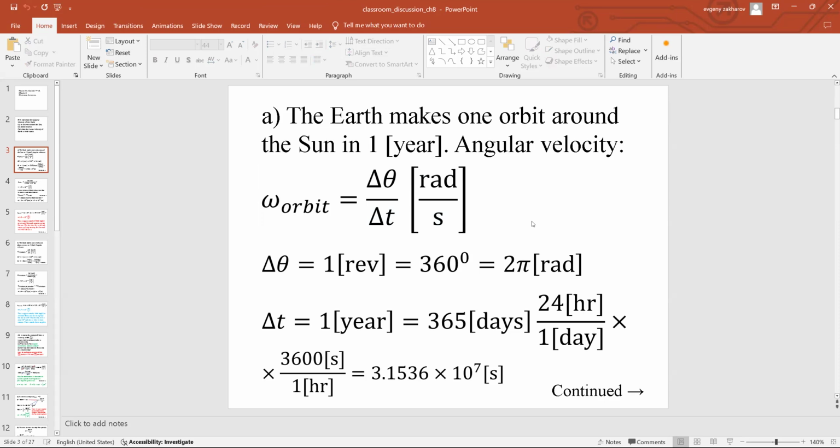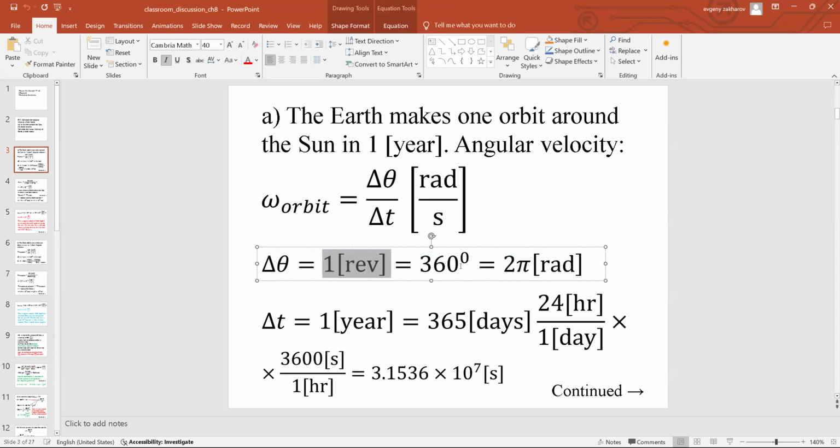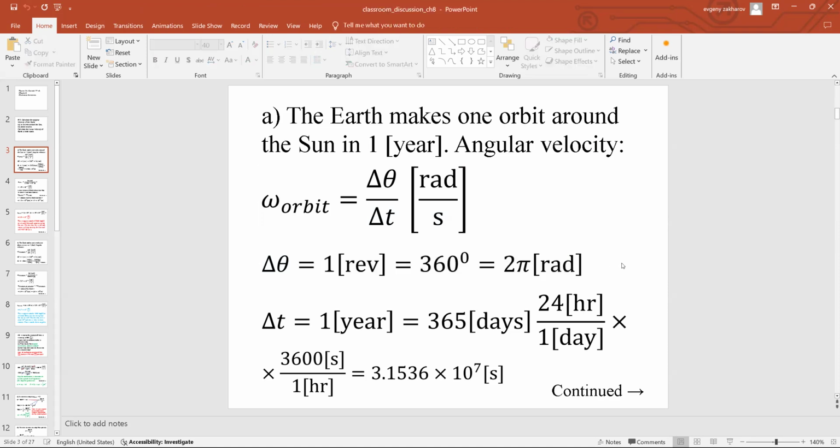That's circumference. For one circumference, one revolution, it's 360 degrees, which corresponds to 2 pi radians. Remember, it's 2 pi r for the arc length over the r, the radius. R cancels, and you have the angle in radians as 2 pi radians. So that's angular displacement, 2 pi.